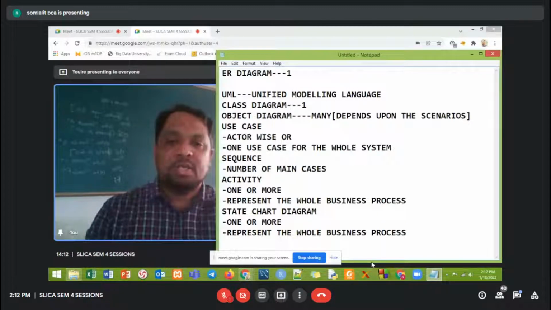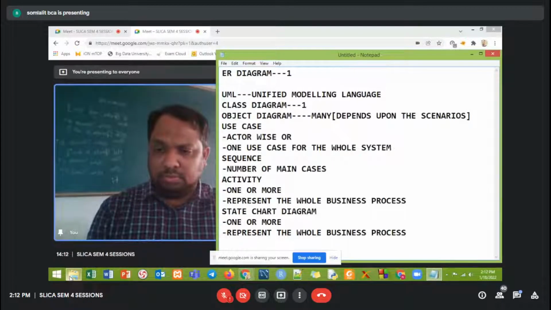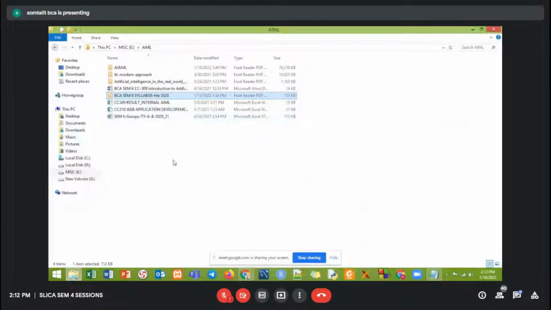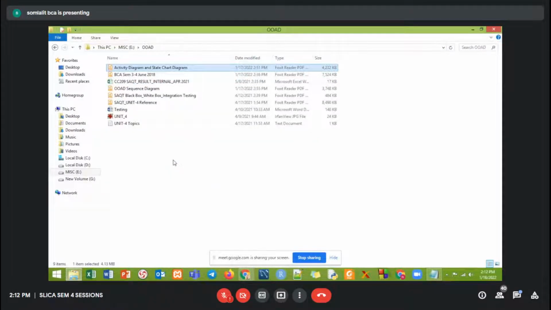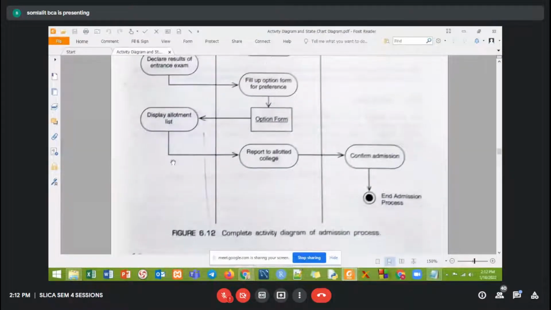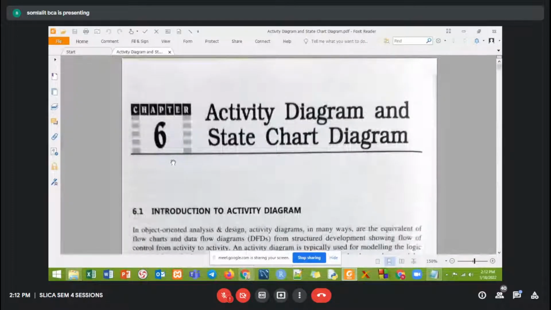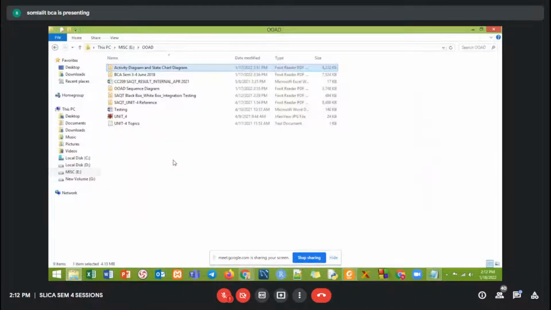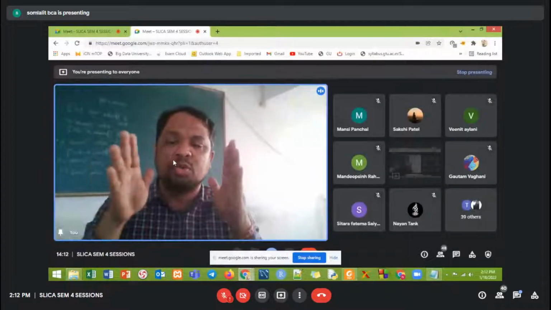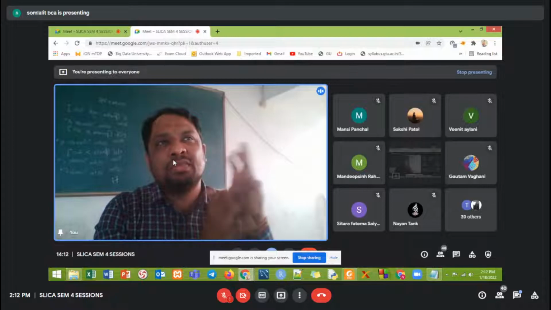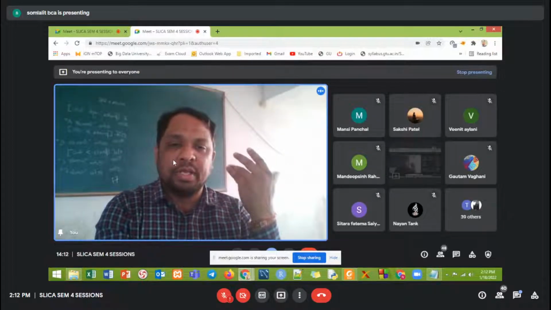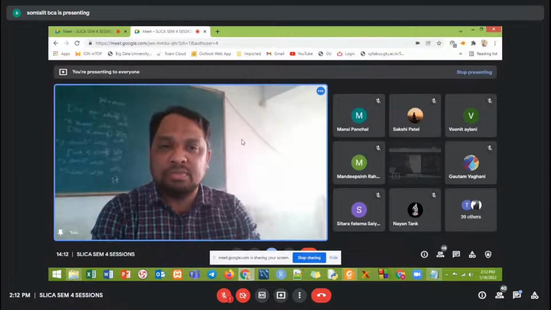Okay, so let us discuss the activity diagram. Before we go ahead with it, one thing we need to make sure is that the majority of you have bought the textbooks, and in the last chapters you'll find some case studies.